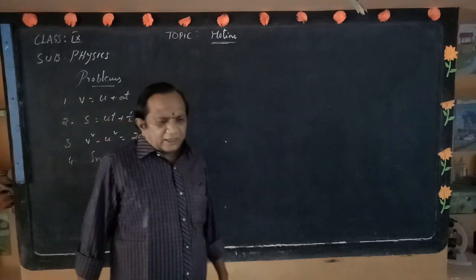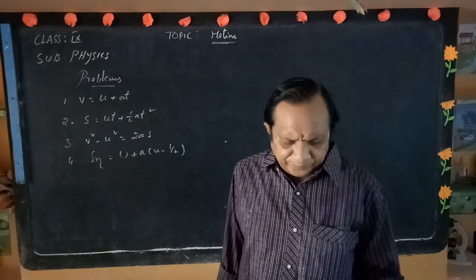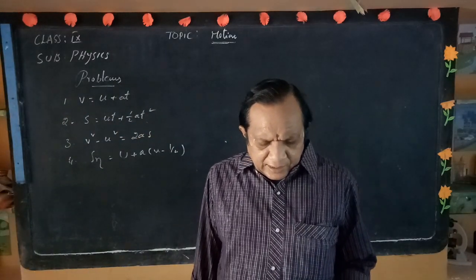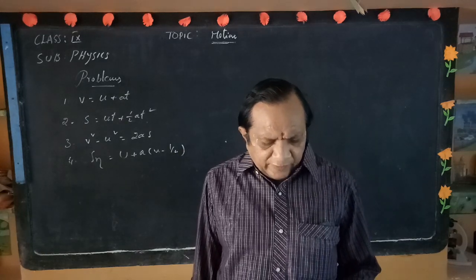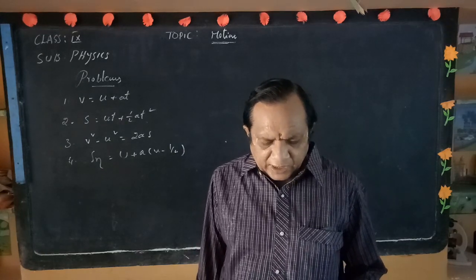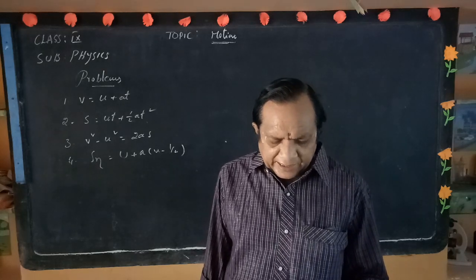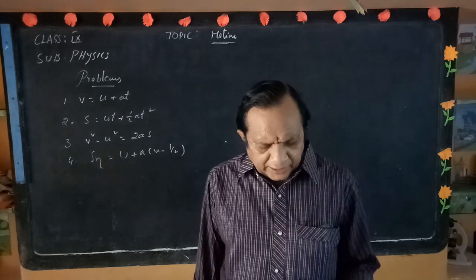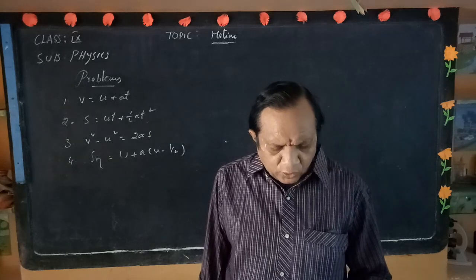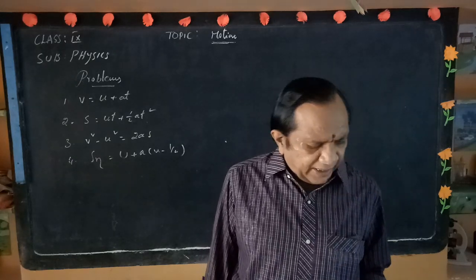In the first problem we have to see: what is the speed of a body moving with uniform acceleration at the midpoint of two points on a straight line where the speeds are u and v respectively?